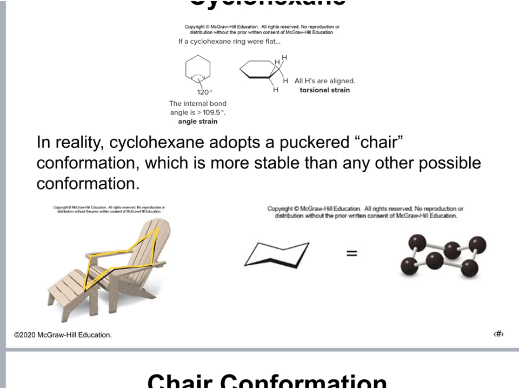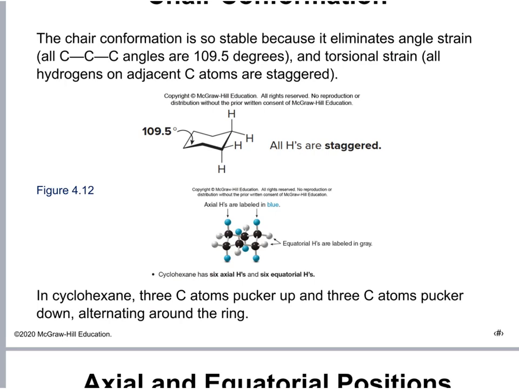When it's in this chair conformation, it actually has relieved its angle strain, and it can pretty much approach 109.5 degrees. So one of the learning objectives is that you need to be able to draw stable chair conformations.